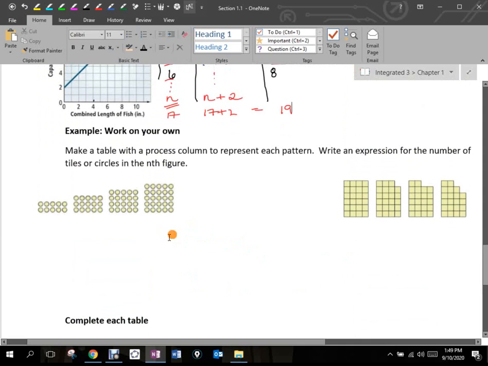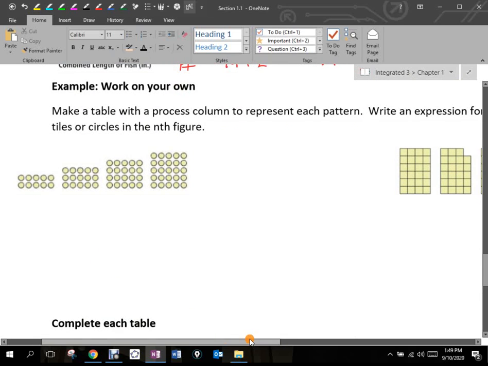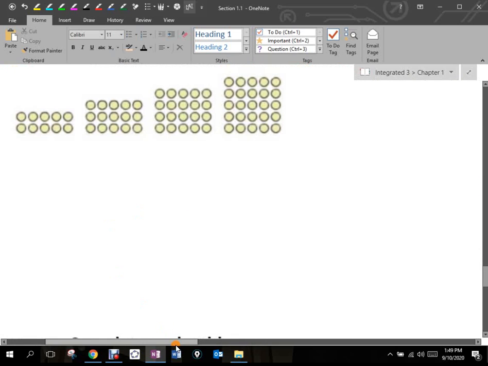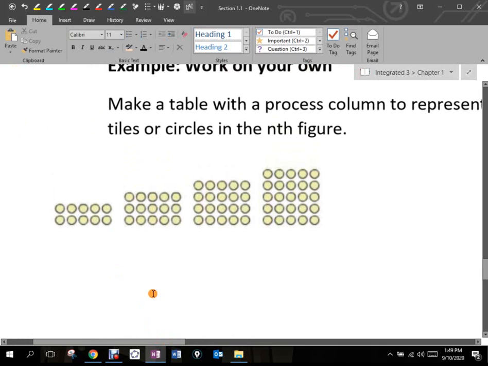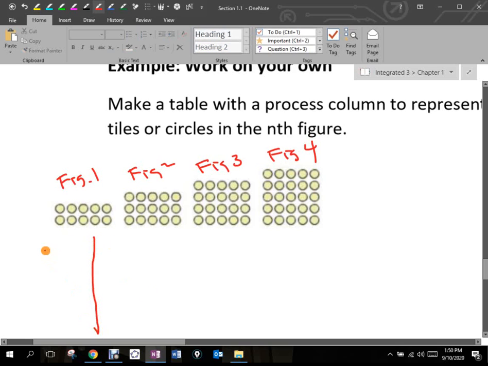So this here, the way this is set up is much like that toothpick one. I'm going to call this figure 1. This will be figure 2. This will be figure 3 and 4. So when we set our chart up, our input is going to be the specific figure.